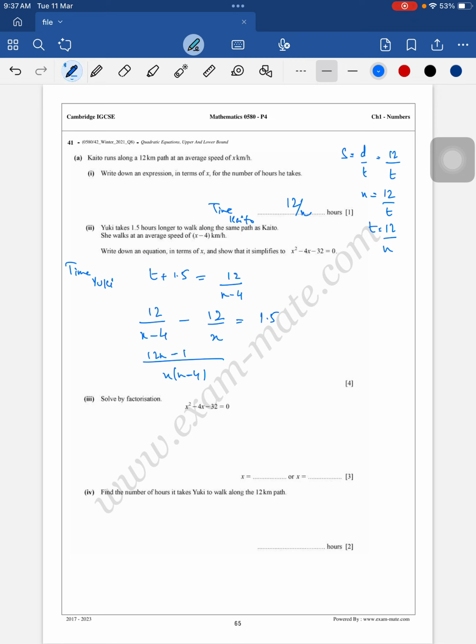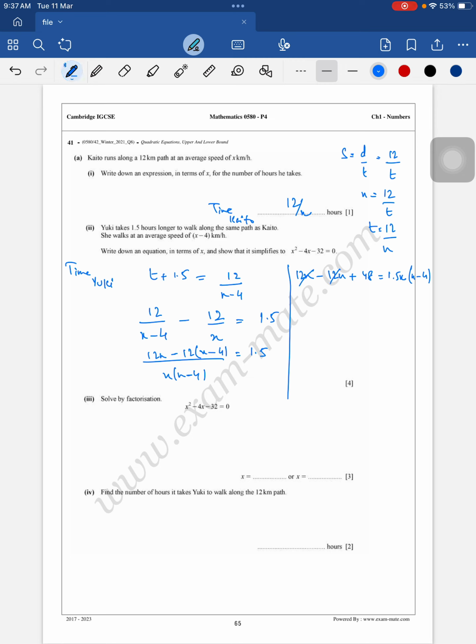So 12x minus 12 times (x minus 4) equals 1.5 times x times (x minus 4). Okay, now 12x minus 12x plus 48 is equal to 1.5 x (x minus 4).